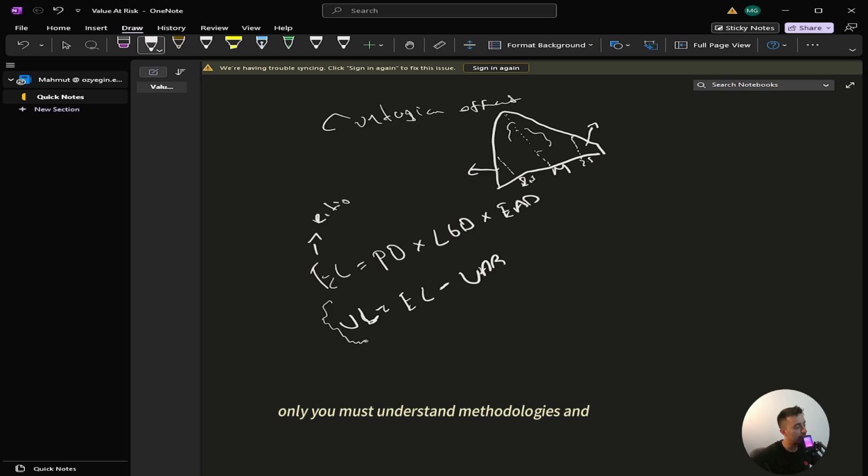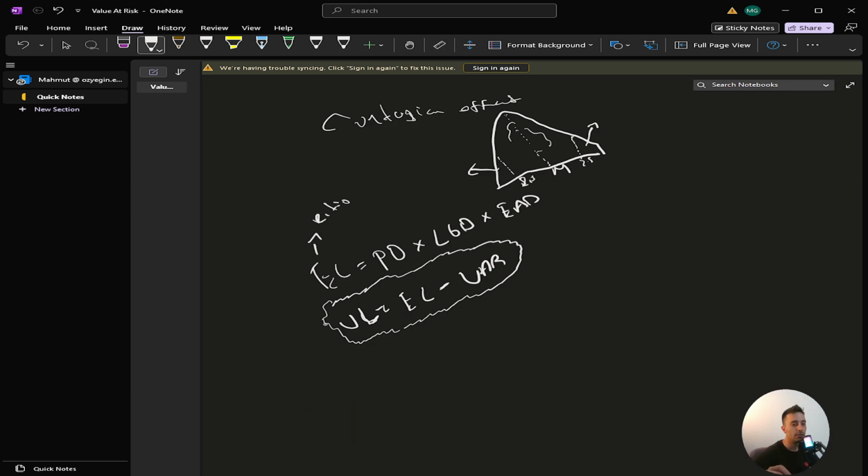You only must understand the methodologies and choose the right methodology and carefully consider their features and how they affect your analysis. For instance, if you are using delta normal value at risk, you must know the mean is zero, guys.